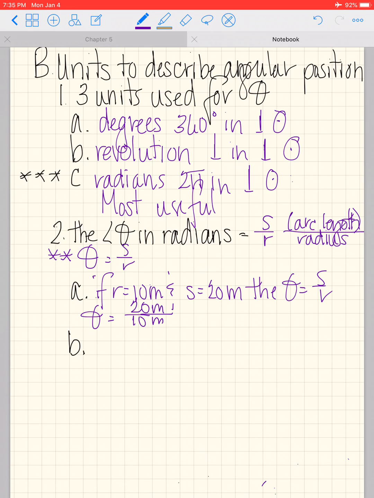So theta is equal to 2. Now, if I have meters here on the top and meters here on the bottom, they just cancel out.